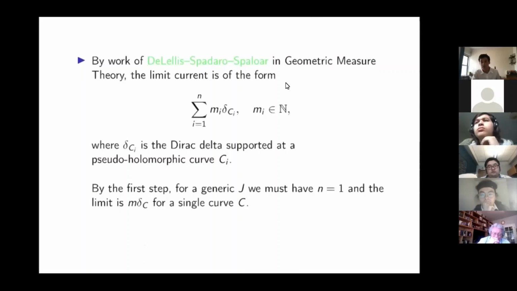In general, you get a limit, but it's some sort of current, so it can be very singular. But because the original sequence was of J-holomorphic curves, the limiting current will also be J-holomorphic, meaning that at almost every point it has a tangent plane, and that tangent plane is invariant under J.